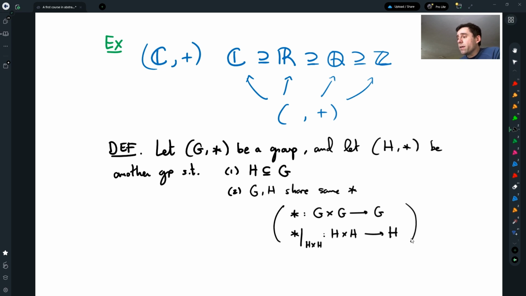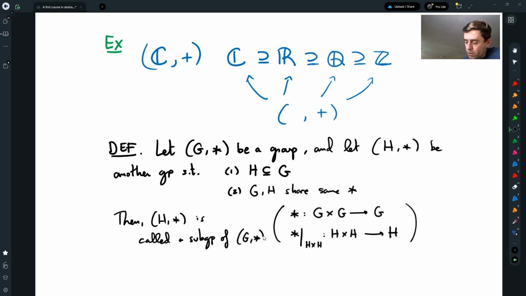Okay, and then if so, then (H, star) is called a subgroup of (G, star). Typically, we say that H is a subgroup of G, but it is important to emphasize that the star, the binary operation, has to be the exact same thing.